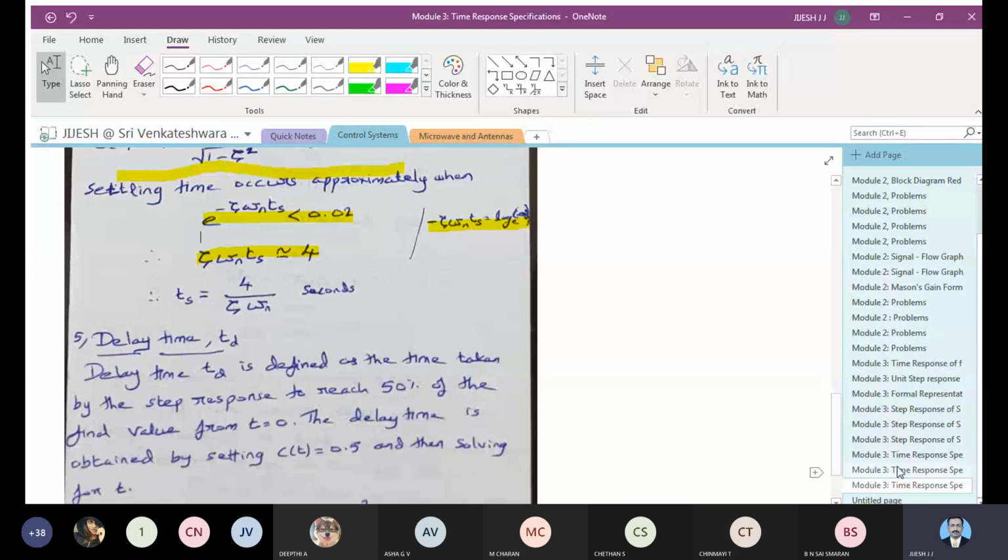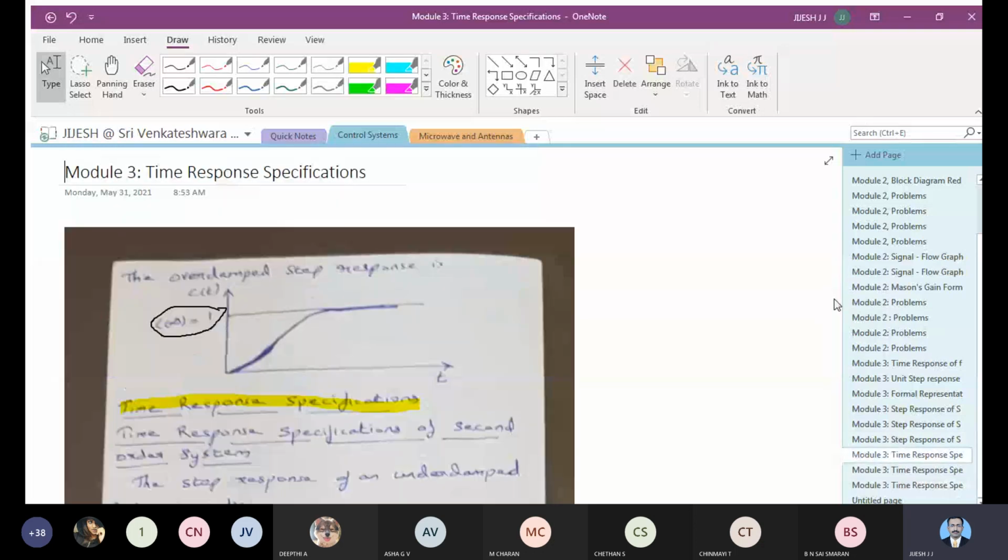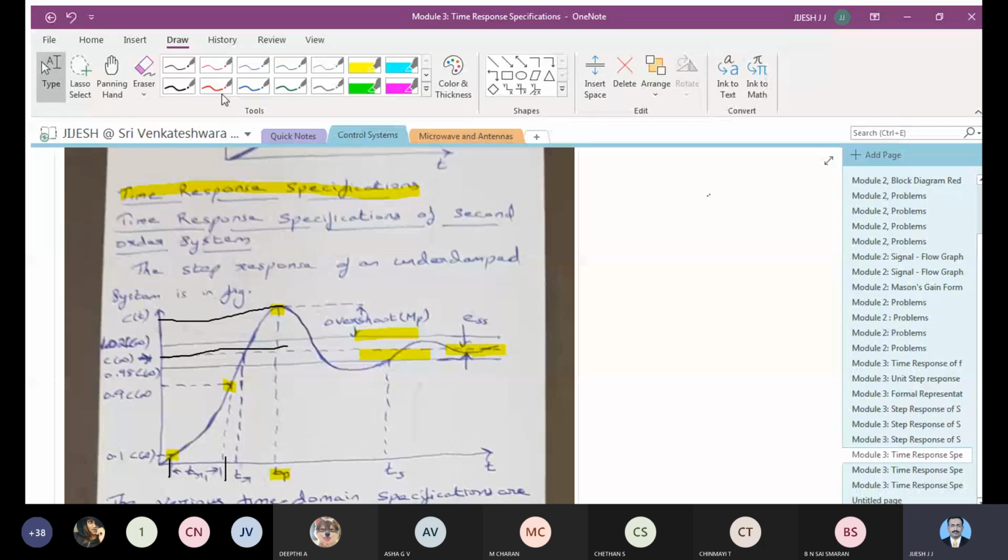If you see the figure, it has to reach 50% of the maximum value, somewhere here. We are going to see how much time it takes to reach that point.